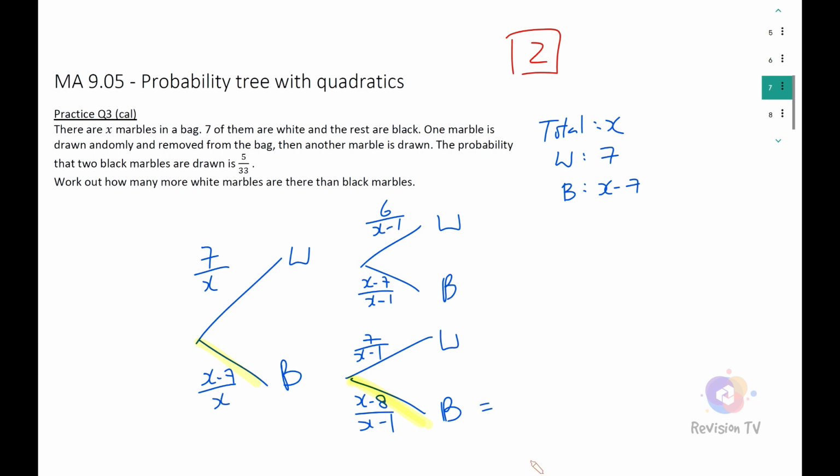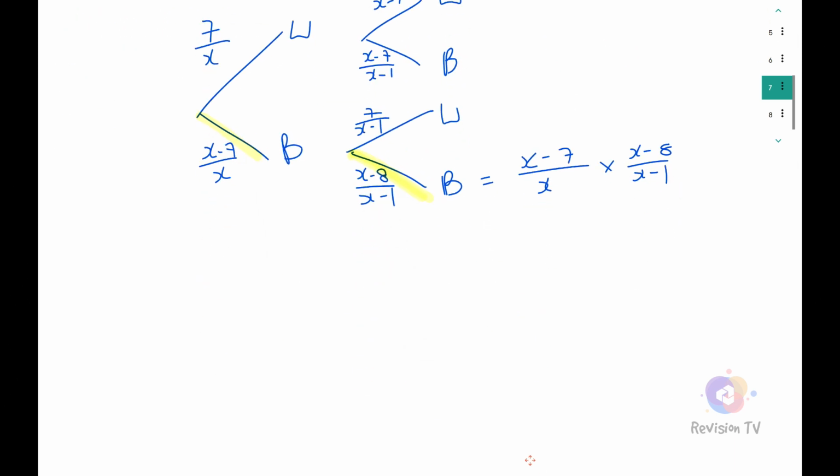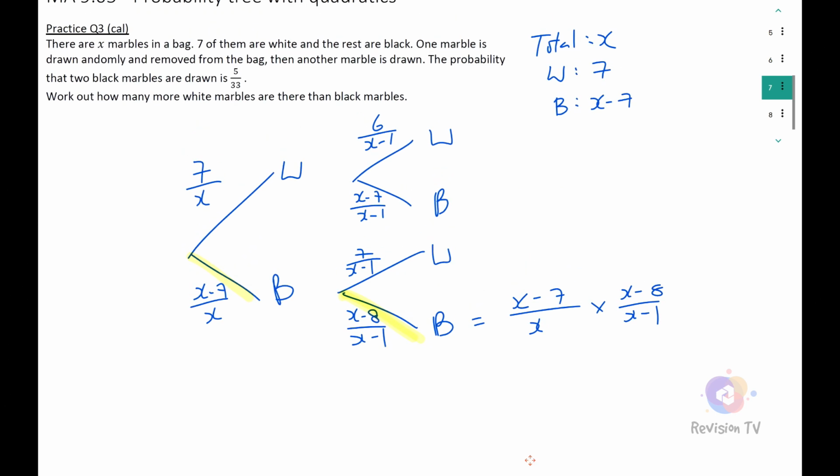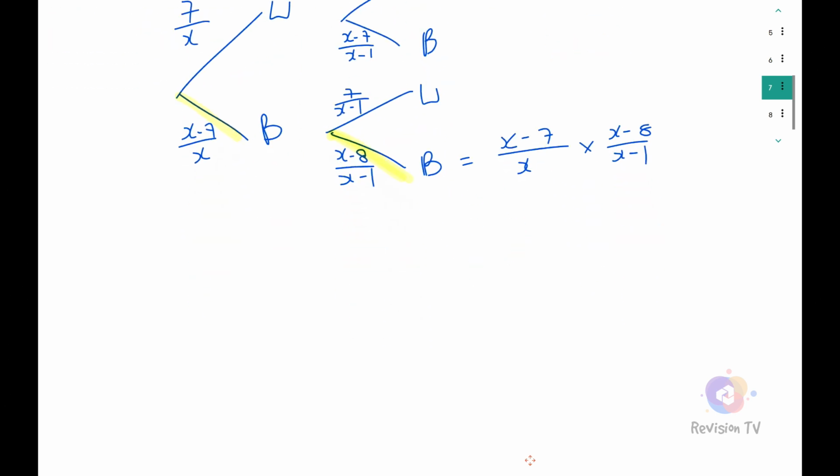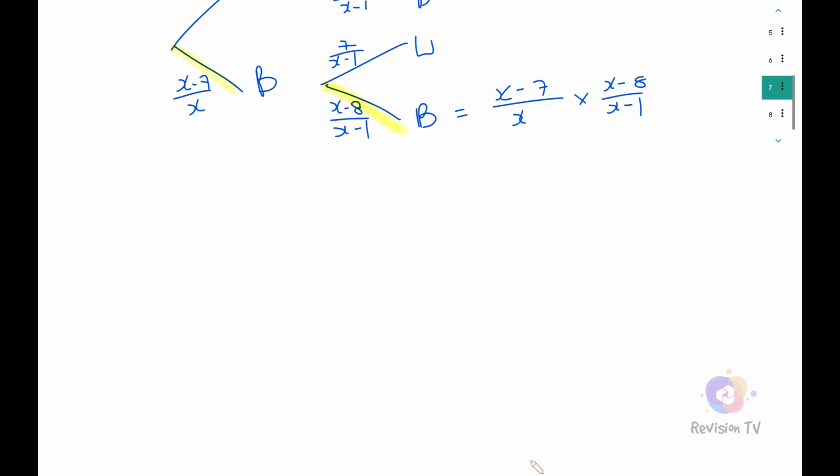So they want us to find the probability of 2 black marbles. So x minus 7 over x times x minus 8 over x minus 1. You can expand it here or in the next step, it doesn't really matter. What we know is that the product should equal 5 over 33. So x minus 7 times x minus 8 over x times x minus 1 equals 5 over 33.